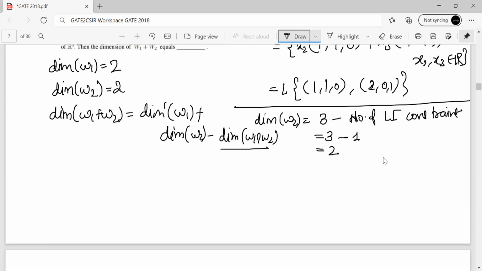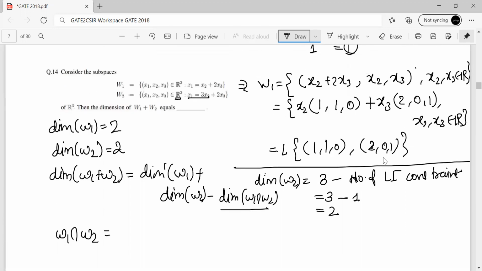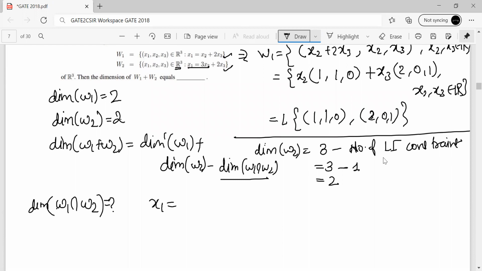W1 intersection W2 means my x1 should satisfy both conditions. Since you are given x1 equal to x2 plus 2 x3 and x1 is also 3 x2 plus 2 x3.